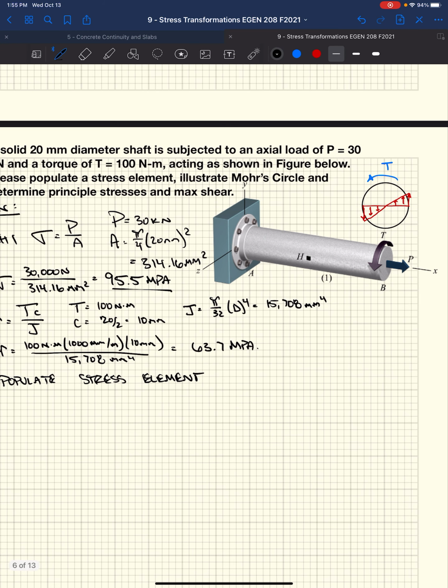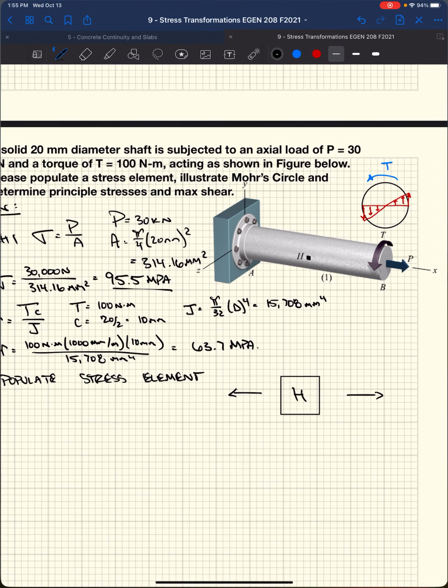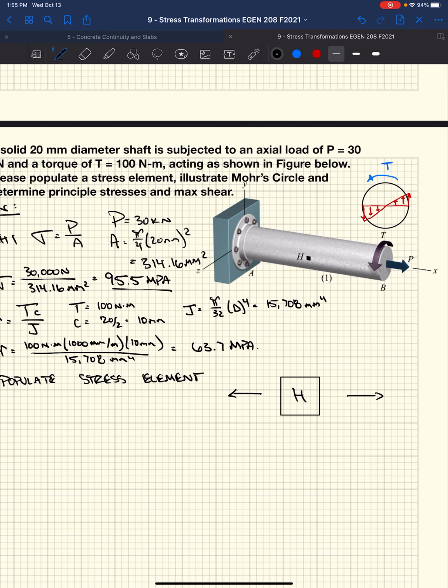So if we look at our stress element at, say, H, that's our point H, that little dot there. We've got sigma x equal to 95.5 megapascals, right?